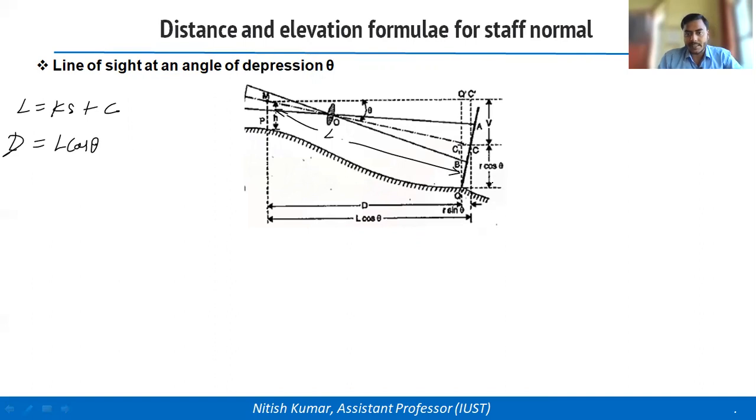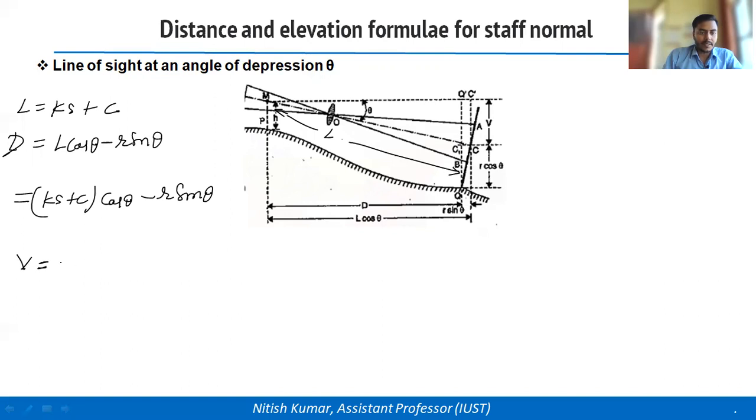In this case, L cos theta, at this distance we have to deduct, because we want to calculate the horizontal distance between P to Q. So this will be L cos theta minus R sin theta, but we can write Ks plus C cos theta minus R sin theta. By putting the value of theta with minus theta, you will also get these relations. Okay, now we can calculate V: L sin theta, and Ks plus C into sin theta.